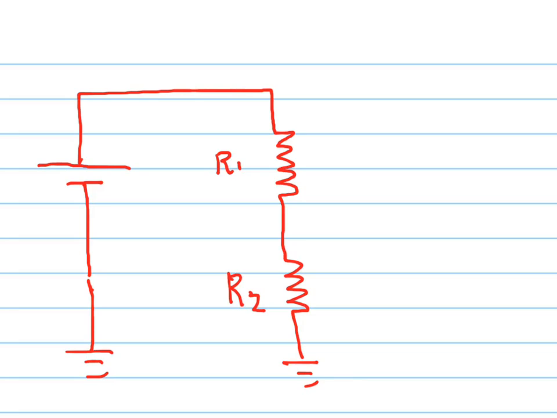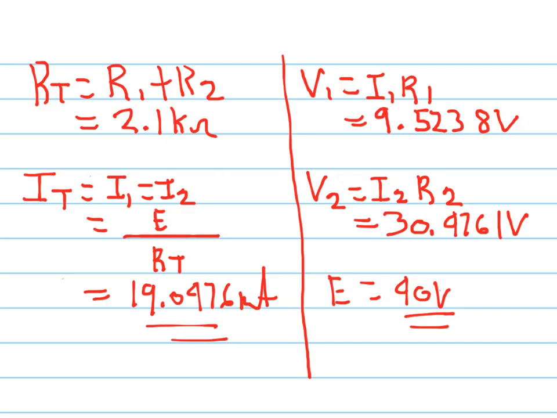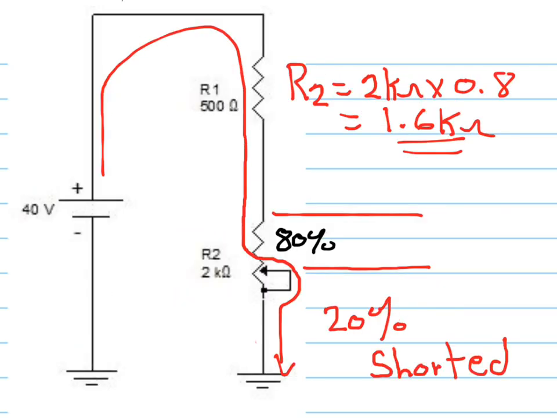Just continuing with the last example. In the last example, we had the wiper 80% down from the top.